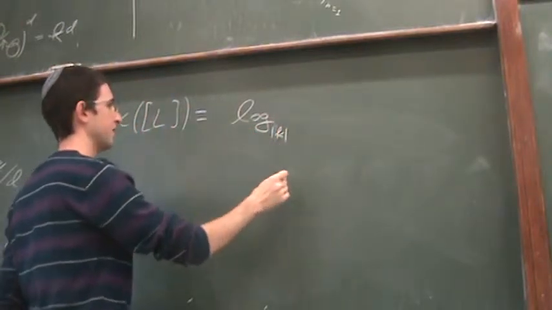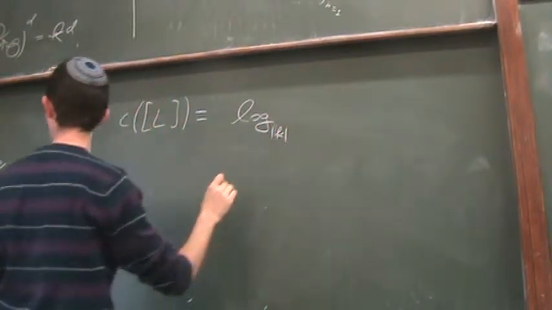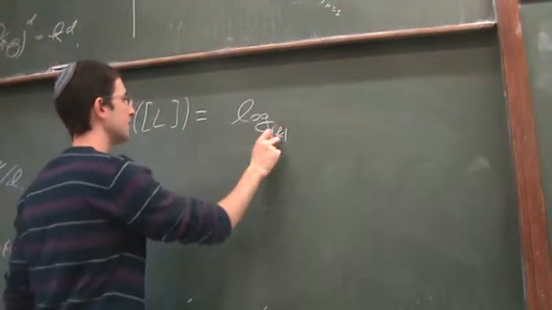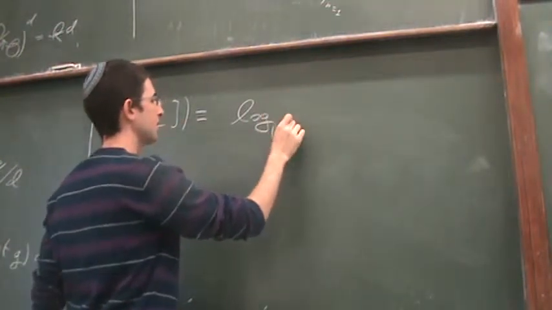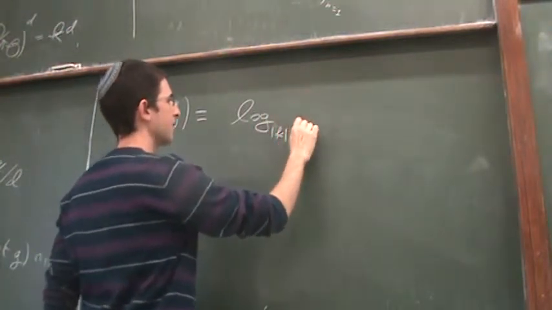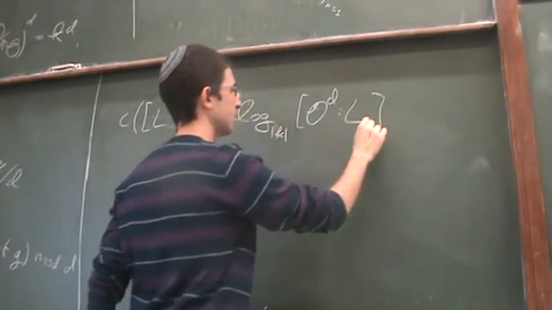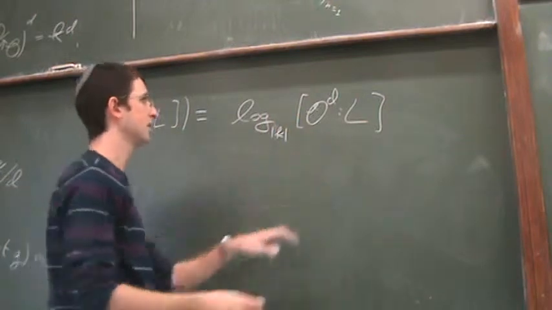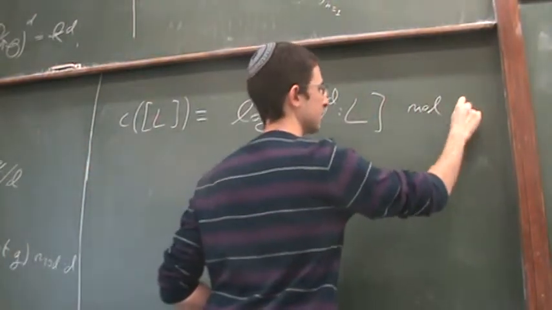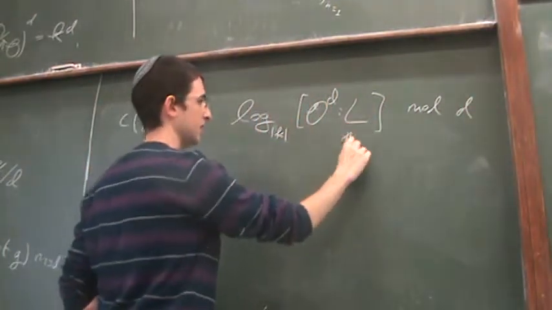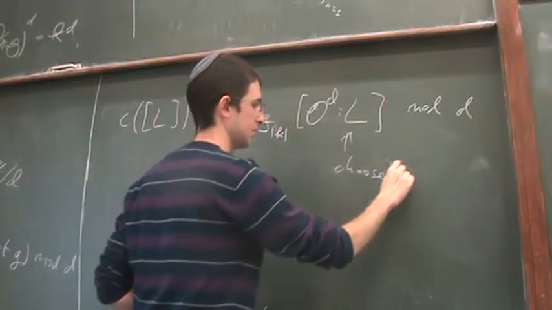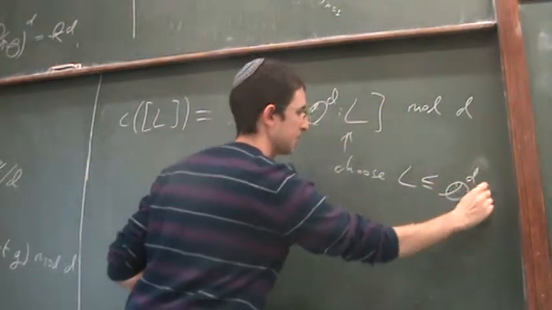Let's suppose it's finite. I could always choose L contained in O to the d, right?